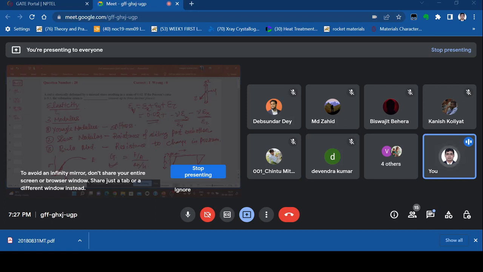Okay, just put the values, 0.02 minus 0.3 times 0.02 minus 0.3 times 0.02. So calculate this and tell me the answer.